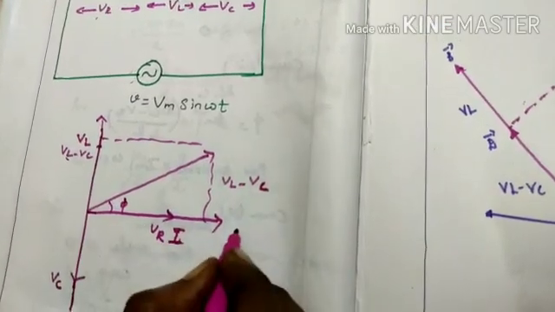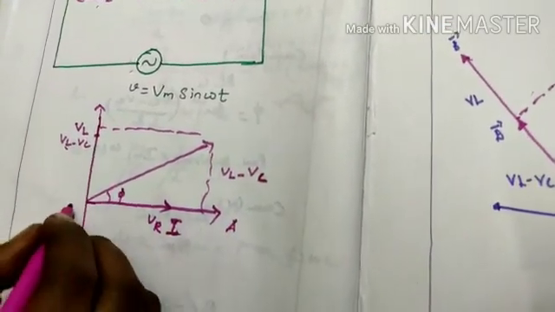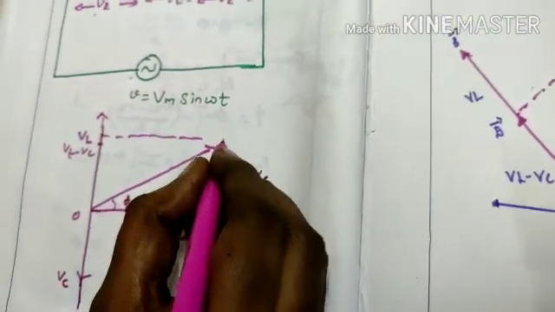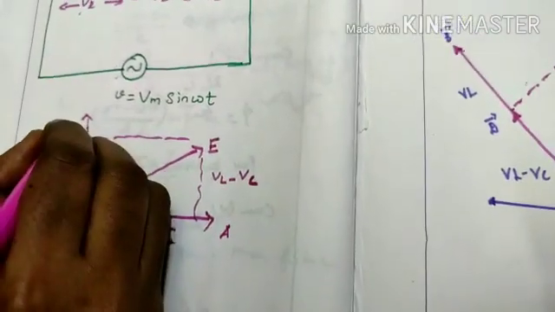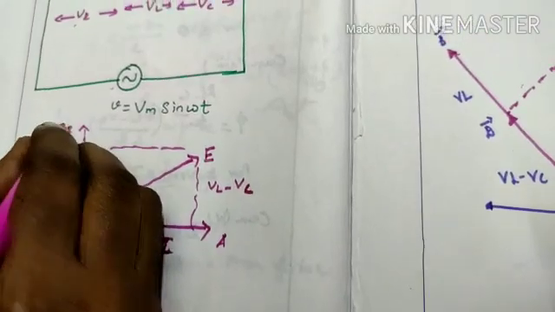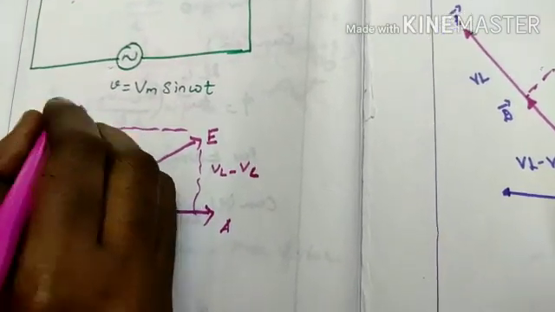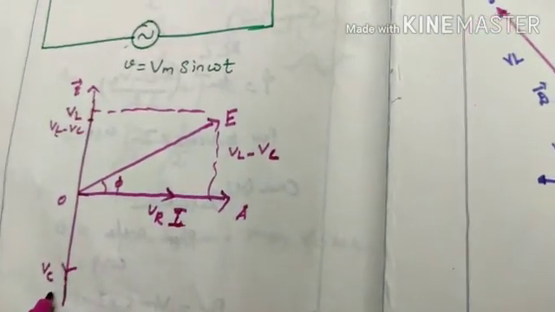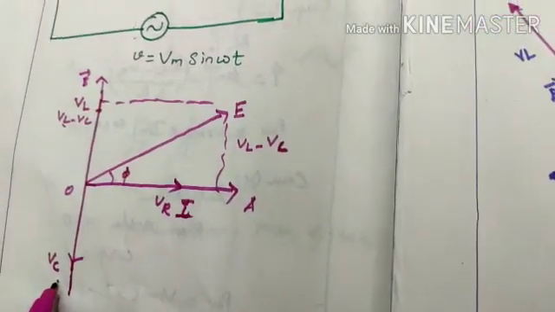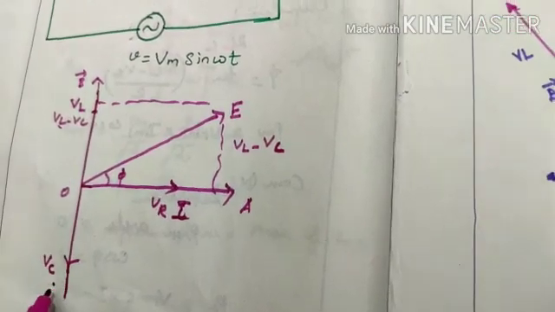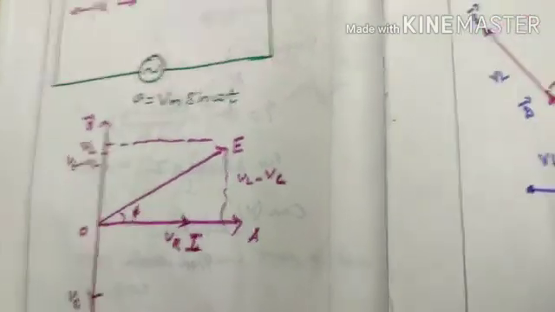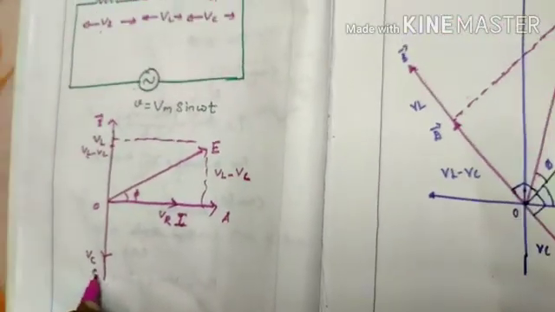They can be named: this is OA, and the resultant is named OE. The positive y-axis, where VL lies, can be named OB, and the negative y-axis, where the voltage across the capacitor lies, can be named OC.